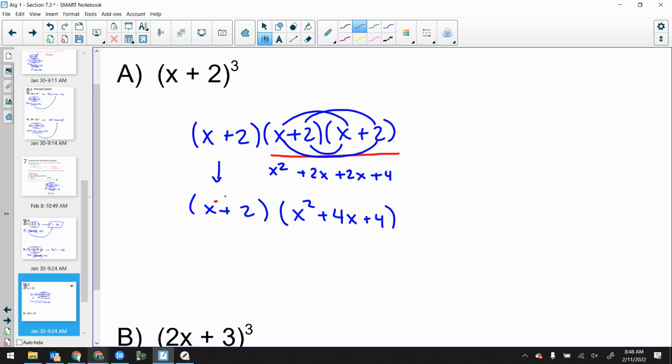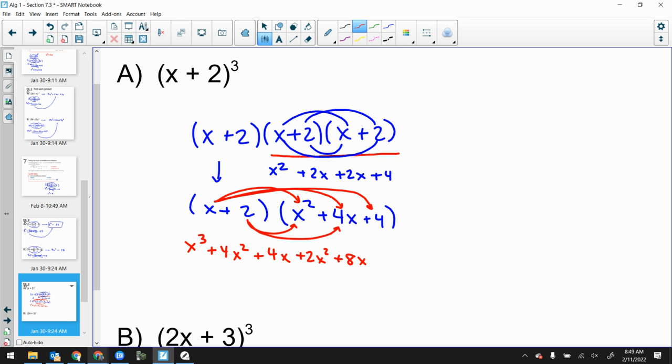It's there. Let's distribute the x in. x times x squared is x to the third. x times 4x is 4x squared. x times 4 is 4x. 2 times x squared, 2x squared. 2 times 4x, 8x. 2 times 4, 8.